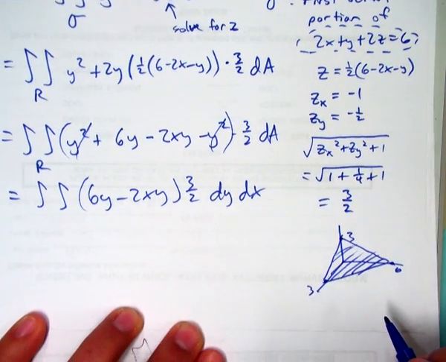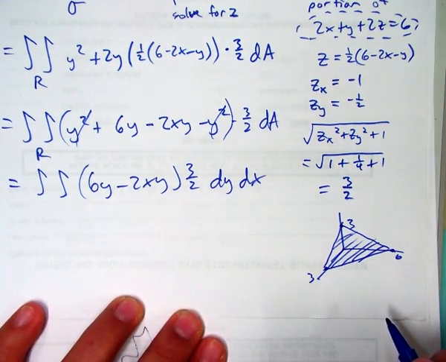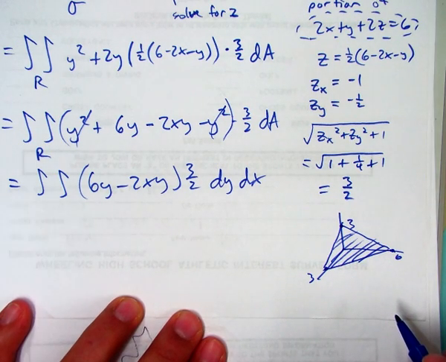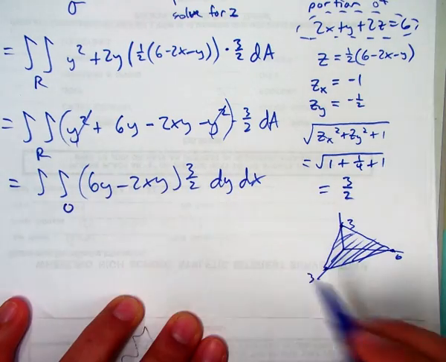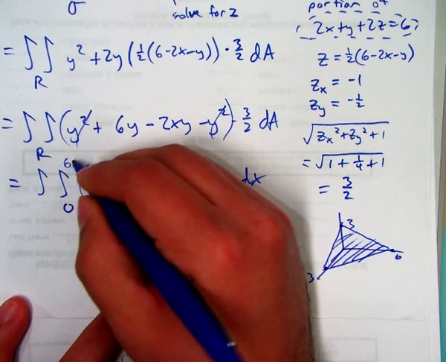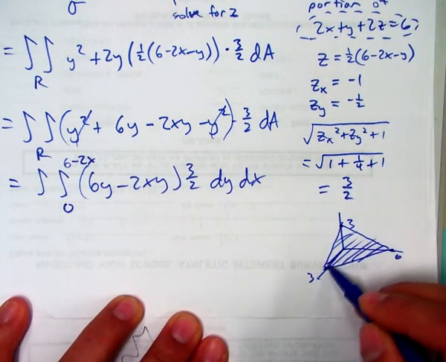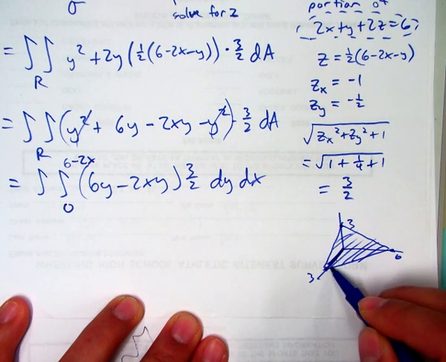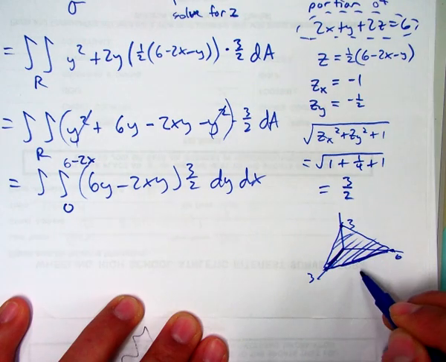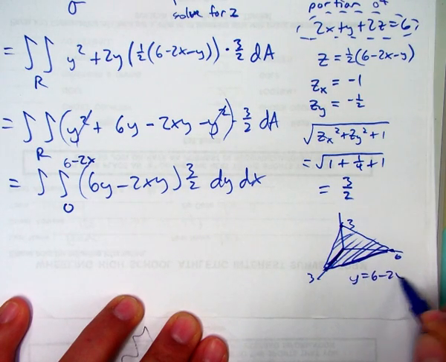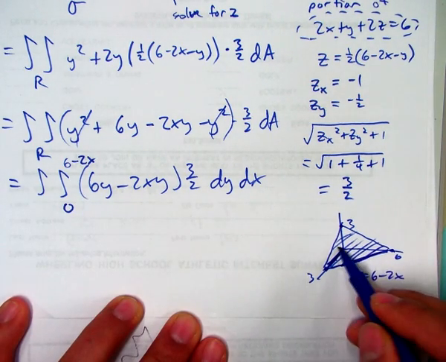So y would be from what to what? 0 to 6 minus 2x. So we're going from right here to this line, lower bound for y, upper bound for y. This is just y equals 6 minus 2x over here. And then x would be from 0 to 3.